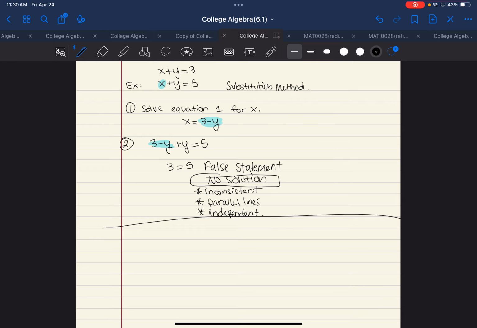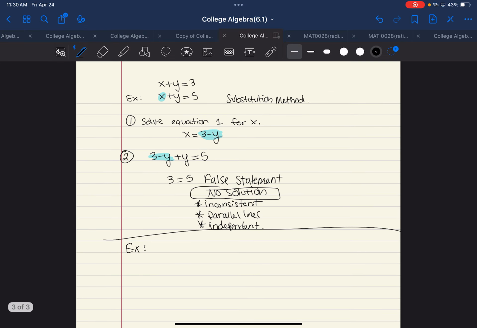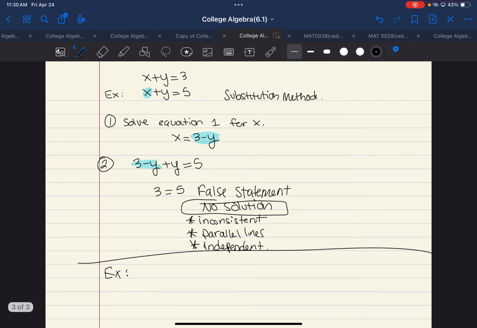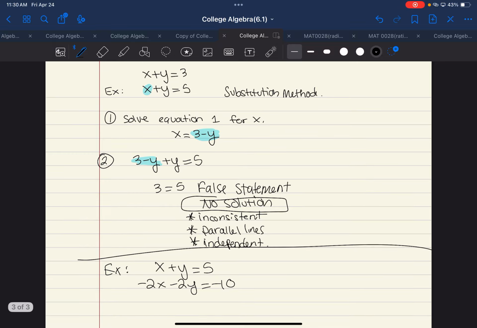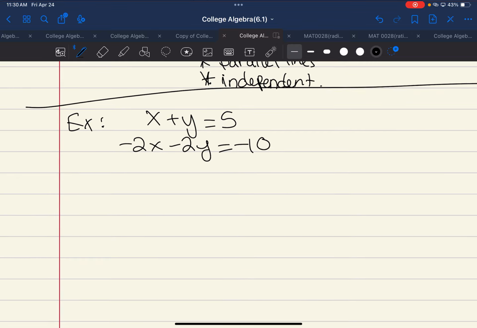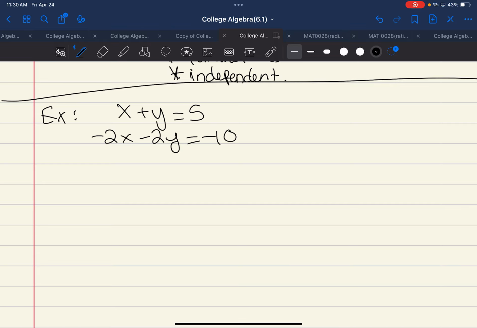Okay, and then the other example, if I had x plus y equals 5, and then I had negative 2x minus 2y equals negative 10. If I had something like this, now I'm going to use the elimination method just to review that method.